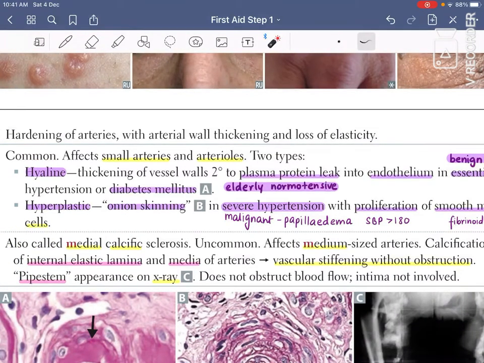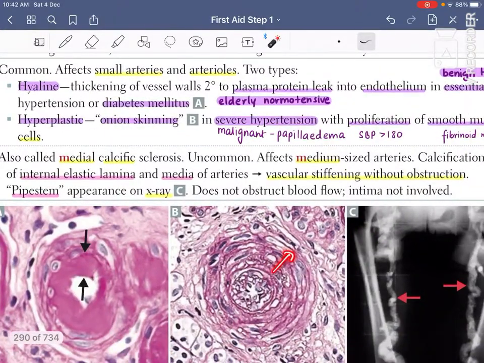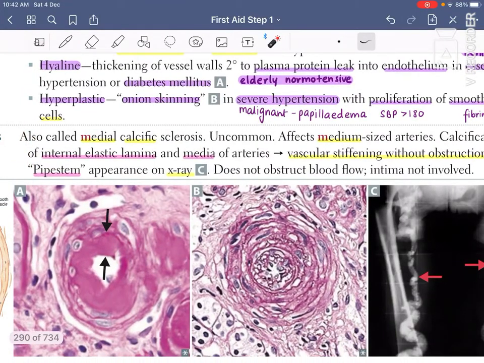And here you have the hyperplastic type, which has the onion skin appearance because of the proliferation of blood vessels. Hyaline is basically this diagram, with all these hyaline depositions here. Hyperplastic is layer by layer proliferation of the smooth muscle, so that's why you have the onion skin appearance.